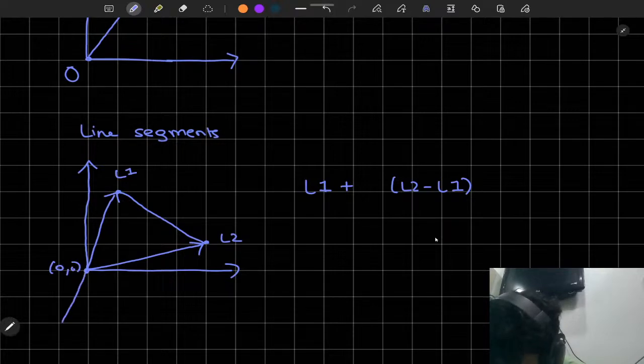So if you do this, you get minus L1, right? So L2 minus L1 is simply this.